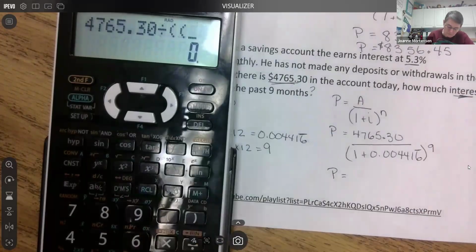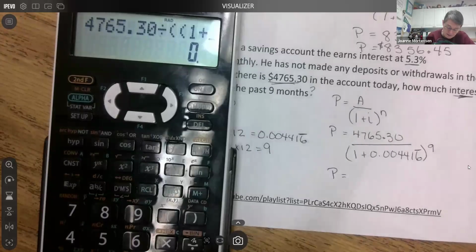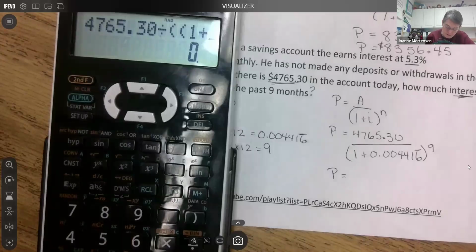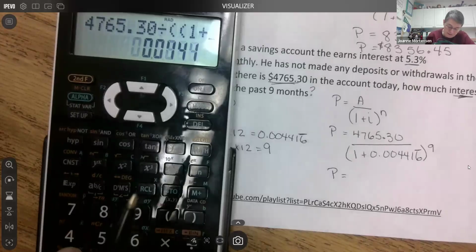Bracket, bracket. 1 plus. Okay, I'm going to show you 1 cheat, and then I'm going to do it the most absolutely positively perfect way I can, and we'll see if it actually makes any difference. 0.004416.